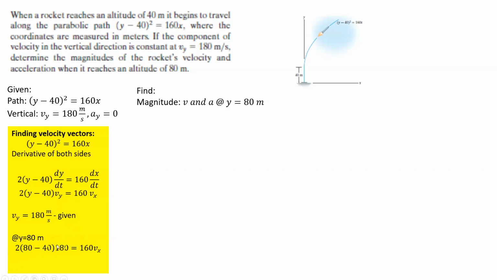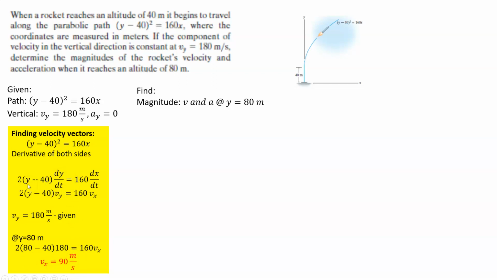Velocity of y is 180. That's a constant. That is equal to 160 times v sub x. That's the only thing that we don't know in this equation. That's the only unknown. So at 80 meters in height, the x component of the velocity is going to be 90 meters per second.